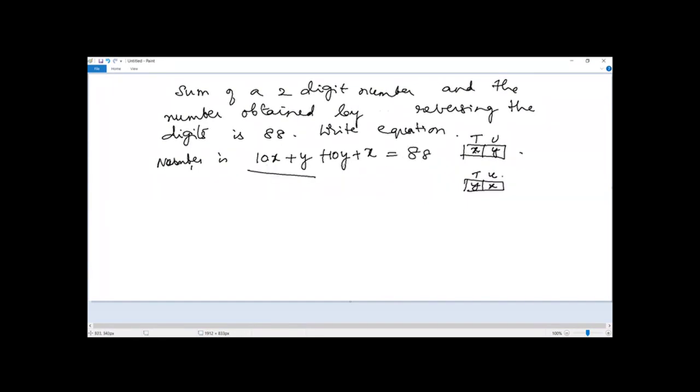This is the original number, this is the reverse order. So 10x plus 1x is 11x, and 11y equal to 88. We can simplify by dividing everything by 11, because all are divisible by 11. So it is reduced to x plus y equal to 8. Okay? Yes, ma'am.